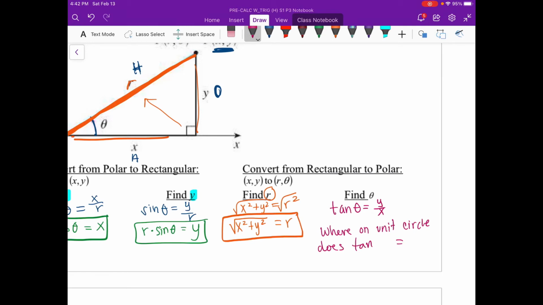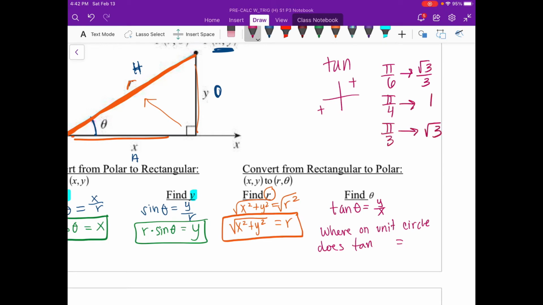And we need to figure out, first of all, is tangent positive? Remember where tangent is positive. Tangent is positive in the first and third quadrant, okay? And then it really is helpful if you know your tangent values. So at any pi over 6 reference angle, our tangent's going to be square root of 3 over 3. At any pi over 4, we're going to have a tangent of 1.